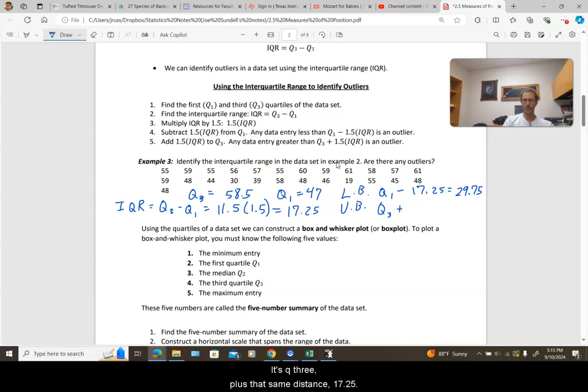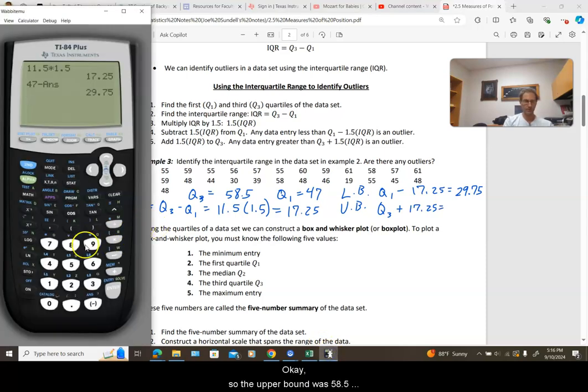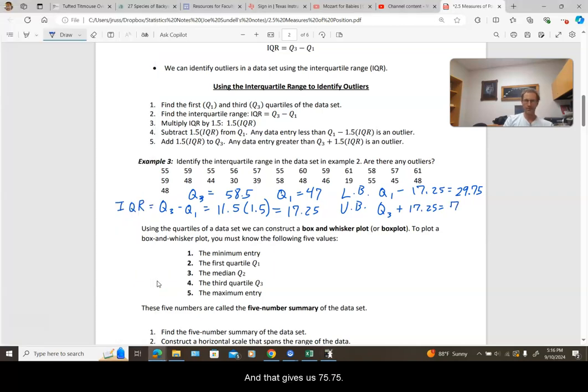It's Q3 plus that same distance, 17.25. So the upper bound is 58.5 plus 17.25, and that gives us 75.75. That means any values that are above 75.75 would be considered outliers as well.